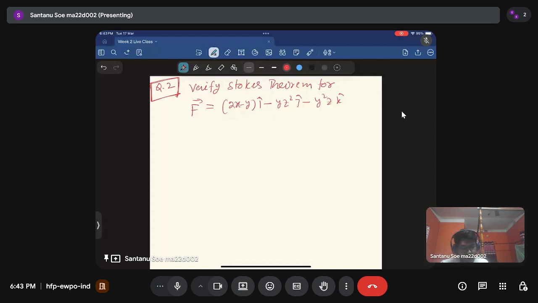So first, we're going to write the Stokes theorem, and then we're going to verify both the left hand side and right hand side for this question.